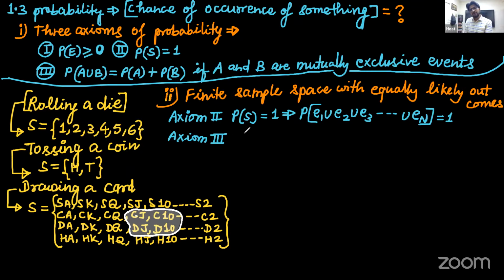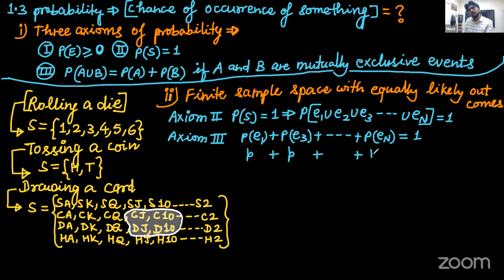If all of the elements become mutually exclusive, then even for the union E2, union E3, union E4, the third axiom says their probability will be the sum of their individual probabilities. But all of them are equally likely.